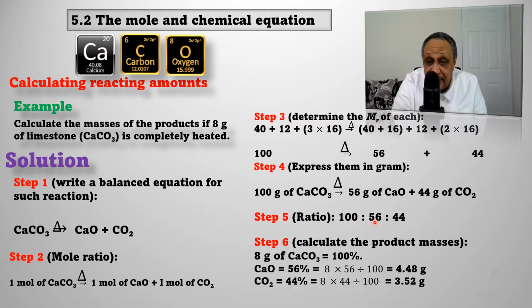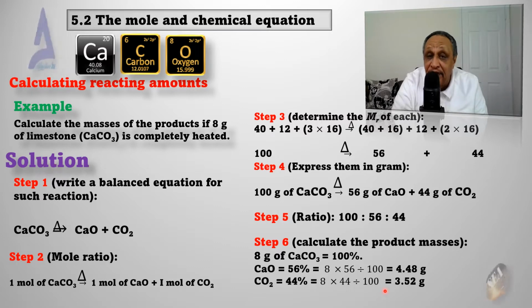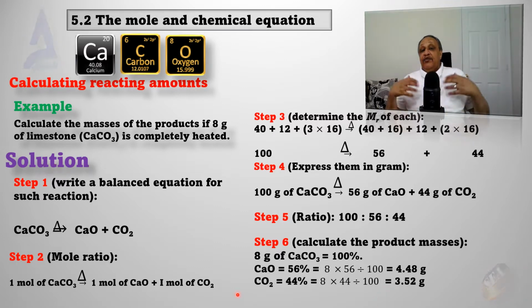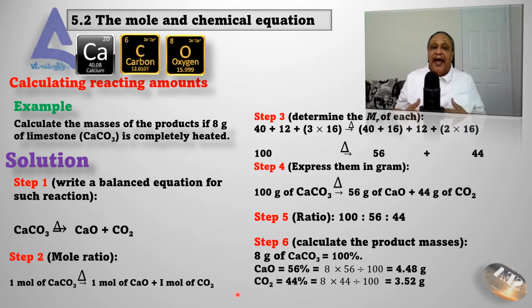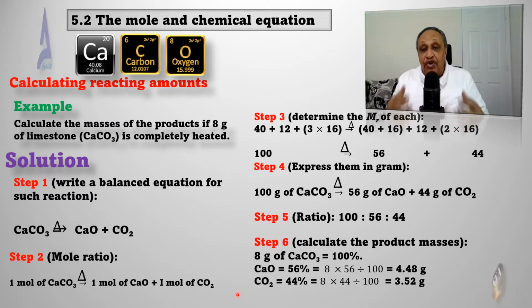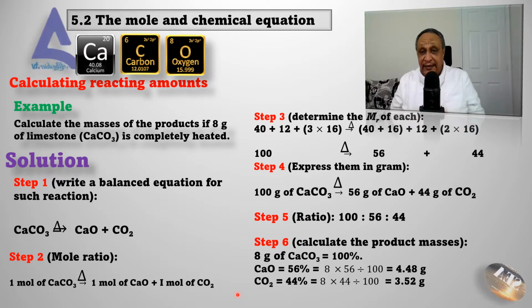This is 100% yield into 56% and 44%. So 8 multiplied by 44 over 100 equals 3.52 grams of carbon dioxide. And this is the way that I solve all problems. We are going to practice together 5 more problems in different segments so we can understand what is happening.